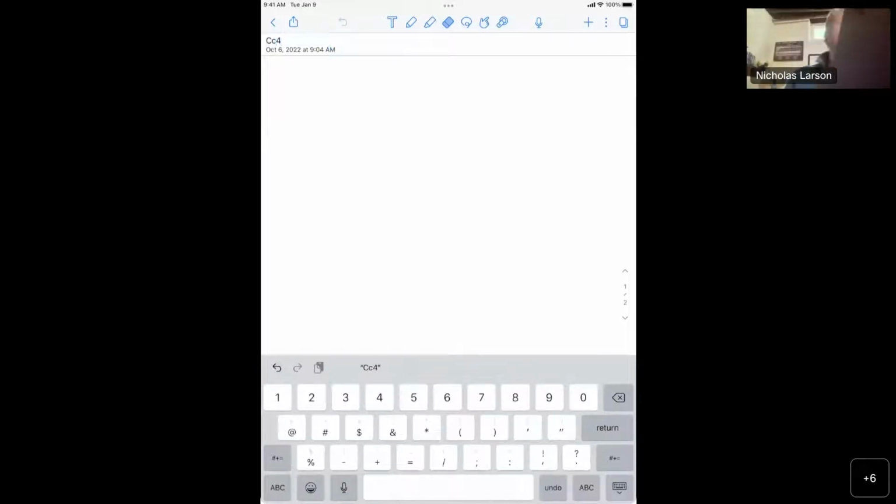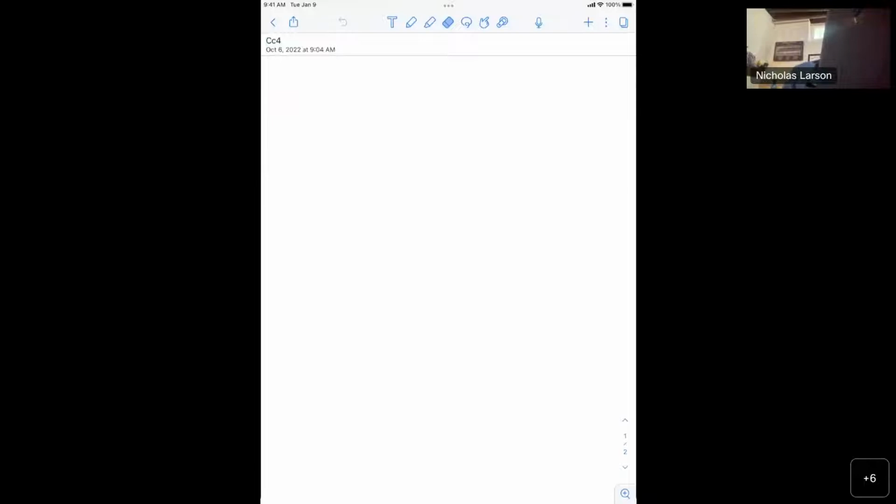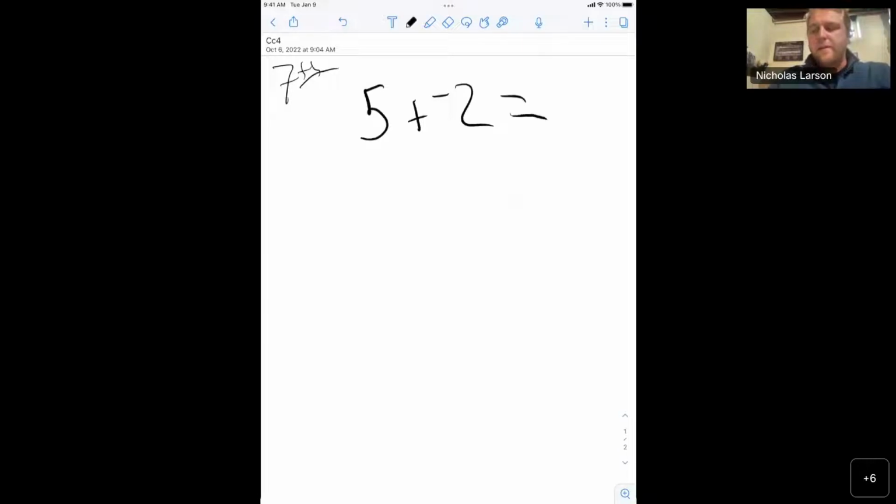All right. So let's talk about adding and subtracting integers. Kind of how it works is that we've got to determine if it's positive or negative. So if I say 5 plus negative 2, that's really like saying I have 5 and I'm adding negative 2. That's really like taking away. So adding a negative number is really just like subtracting.